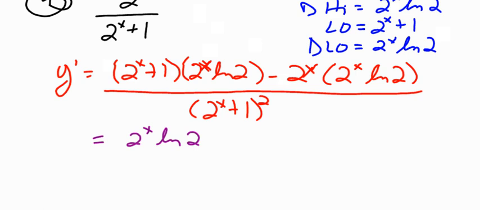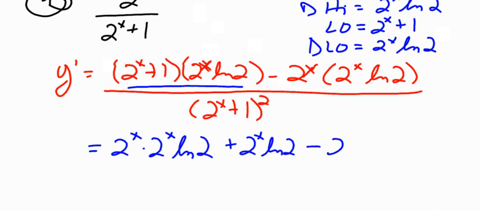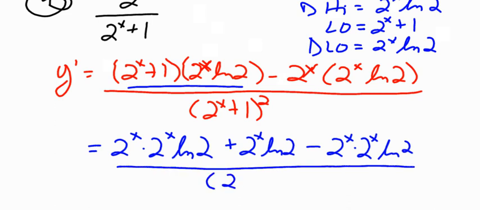Oh, you know, the more I think about it, I tried that and I thought it was a little easier to do something else. So before I do that, I'm going to go ahead and multiply these together. So for there, I'm going to have 2 to the x times 2 to the x times ln of 2 plus a 2 to the x ln of 2 minus a 2 to the x times 2 to the x ln of 2 all over the low squared.